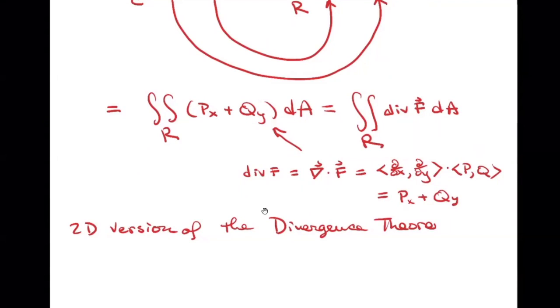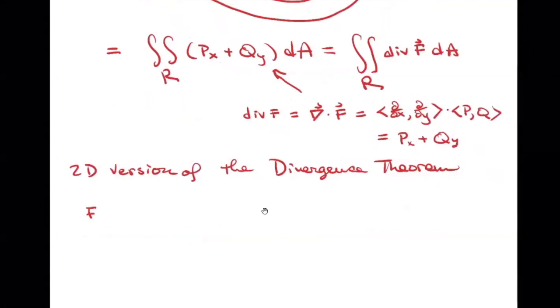Okay, and it just says that the flux of the field F across the closed curve C, that's this integral. Oops, that should be a C down there.